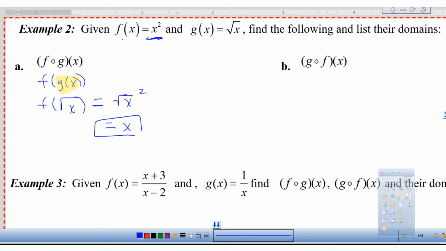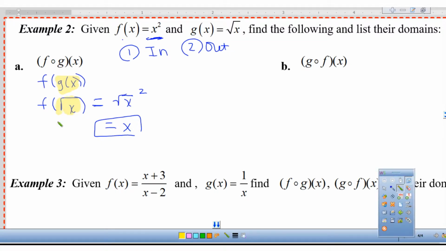With composition of functions, it's different, okay? What you have to do is look at what comes in, and look at what comes out. So what came out was an x, and we just checked that. But what came in was right here, what we plugged in.